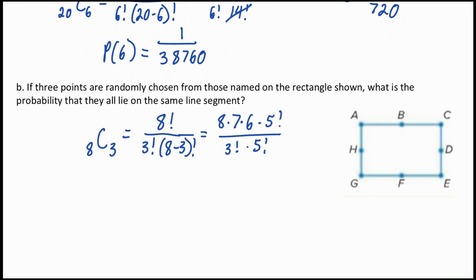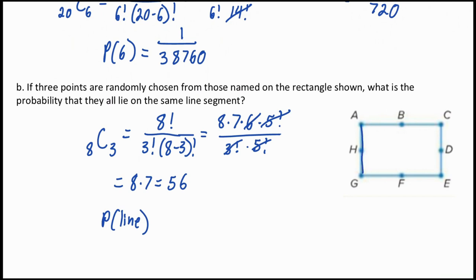Okay. So again, those 5 factorials cancel. And the 3 factorial and the 6 would also cancel. And so how many options do we have? 56. Okay. But we want the probability that all of these are on a line. It's not 1 out of 56. It's 4, right? Because they could be on this line.